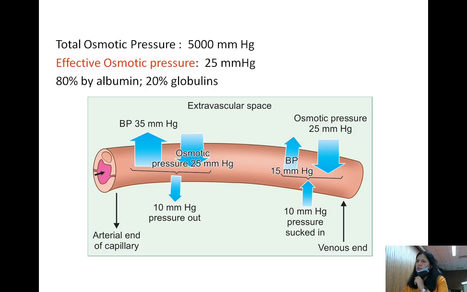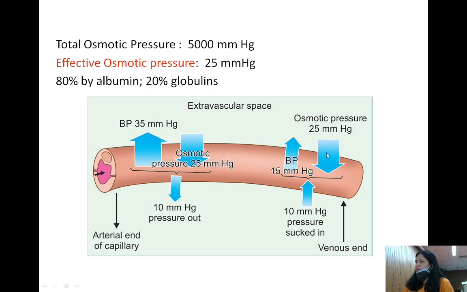So the difference is 10, meaning the hydrostatic pressure is more than the oncotic pressure. So the fluid molecules will come out from the arterial end of the capillary into the tissue spaces. Yes or no?